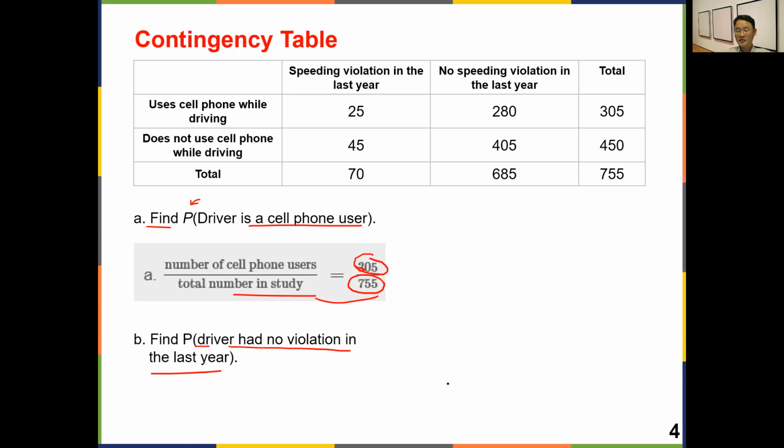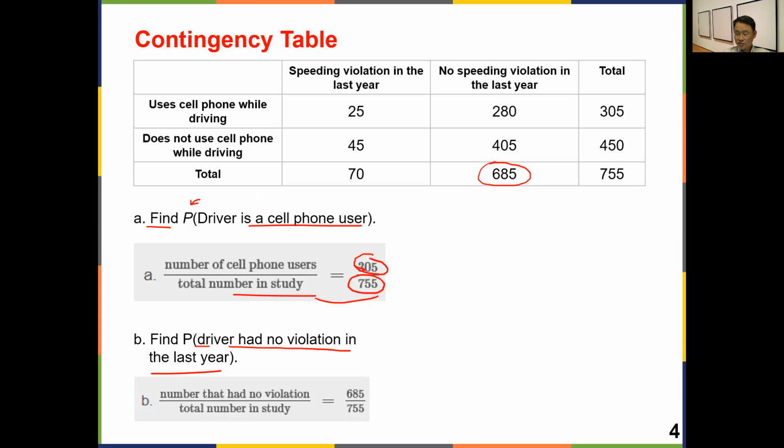How many out of total? Out of, again, 755 total, this many, right? These are the proportion of people that didn't get any speeding ticket. So it's going to be 685 over 755, just like that, right?